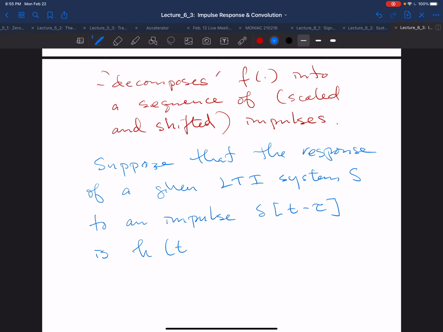Now this h is going to depend both on t and on tau, so I'm going to give it two arguments. h is now a function of two integer variables, t and tau, because the input signal that we're talking about depends on both t and tau.